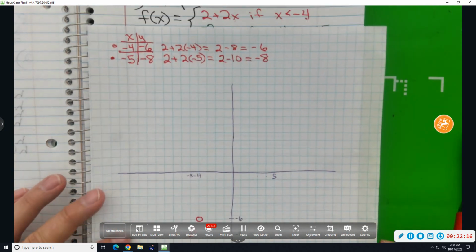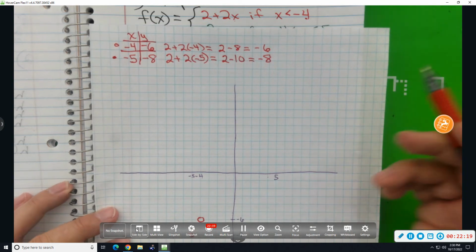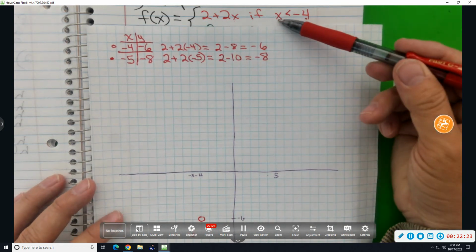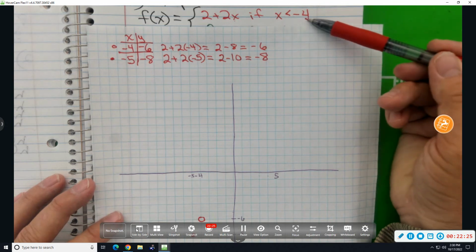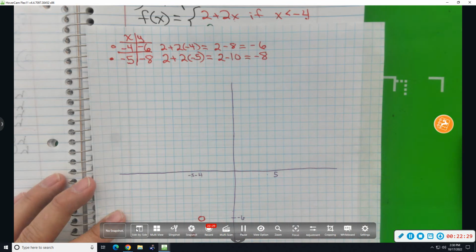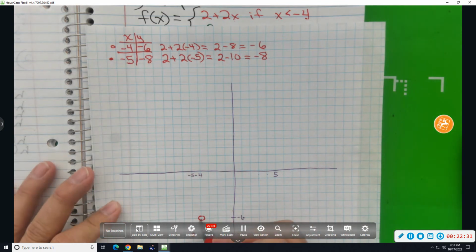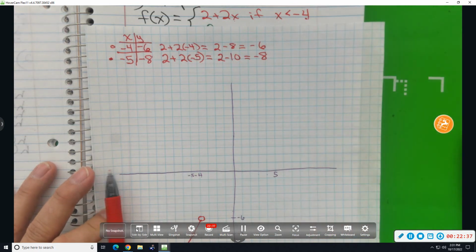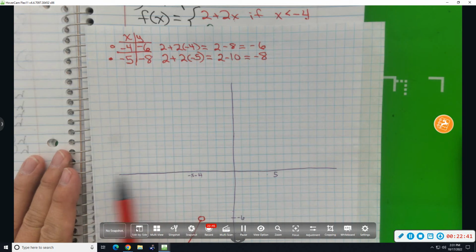Remember the inequality we're trying to graph. We're looking at the x-axis where it's less than -4. So it starts at the cut point. It starts here. And it goes towards the secondary point. Does this interval, x less than -4, does that end? The x-axis less than -4.